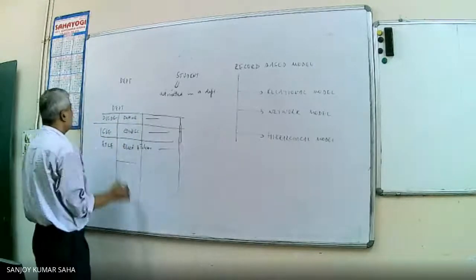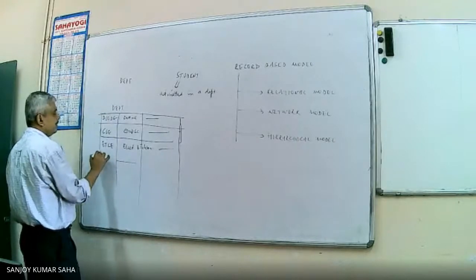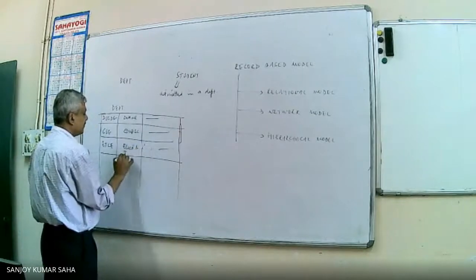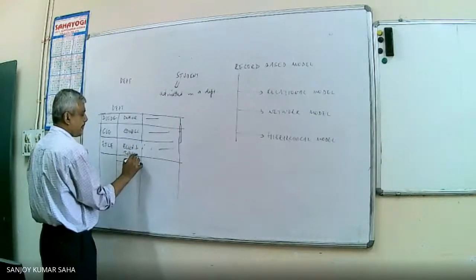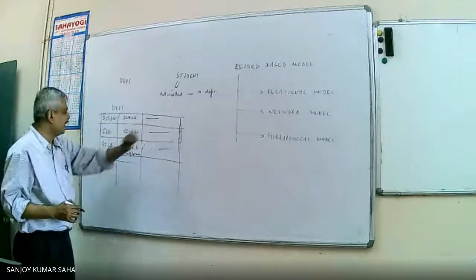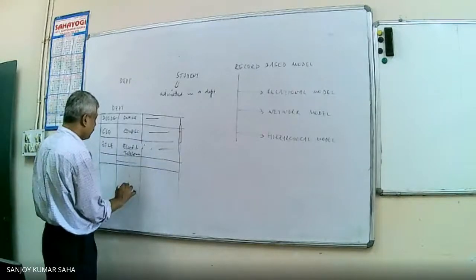So as if every record has a department code, a department name, and other information. Similarly, for every department we have a record.